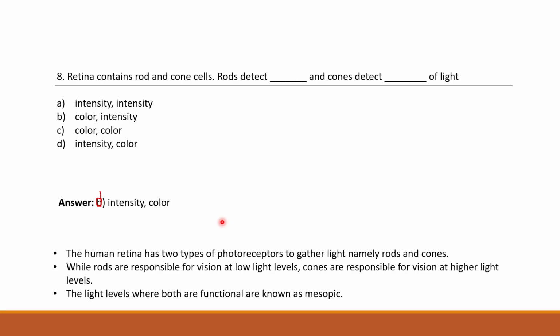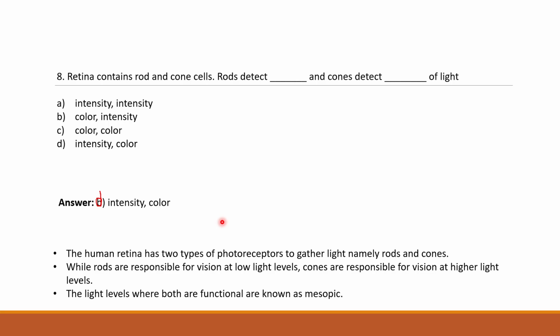Rods are responsible for vision at low light levels, while cones are responsible for vision at higher light levels. The light levels where both are functional are known as mesopic.